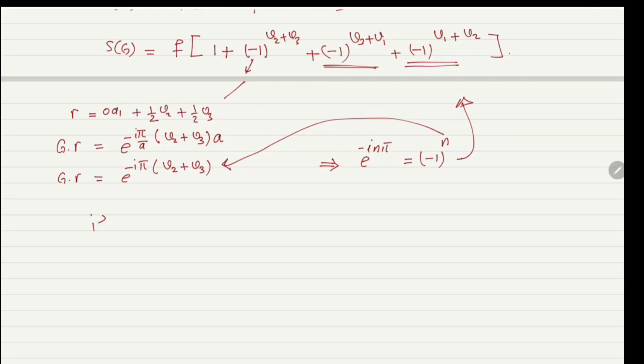Now if V1, V2, V3 all even, let's see what's going to happen here. Let's just apply for the structure factor. Now V2 plus V3, even plus even, it's even, minus 1 to the power even number is just 1. Now this one here is just 1, and this one here is just 1, same definition.